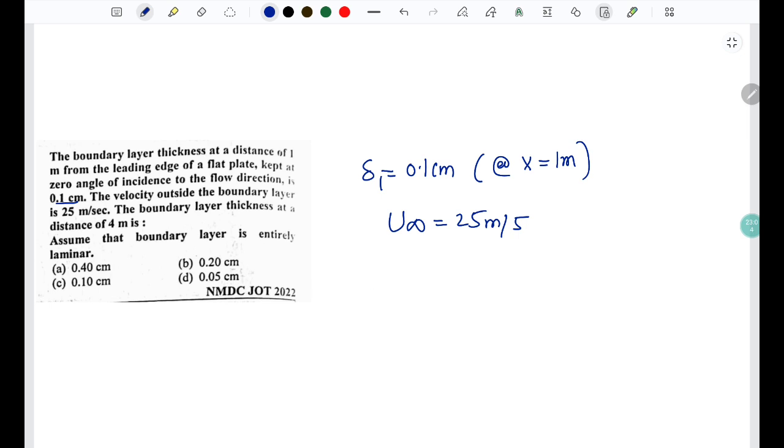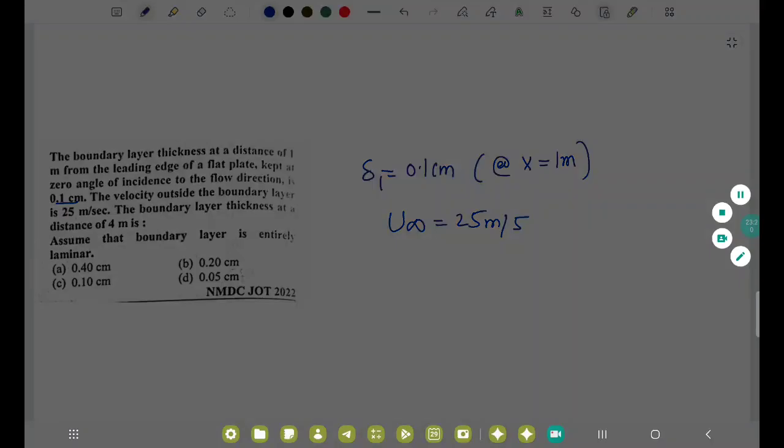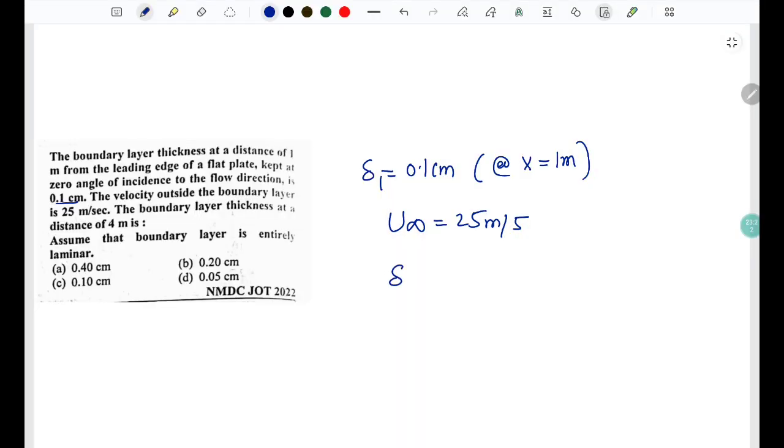For this question, we'll simply do delta 1 by delta 2 is root under x1 by x2.